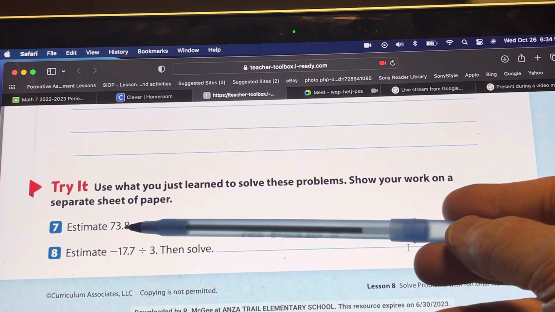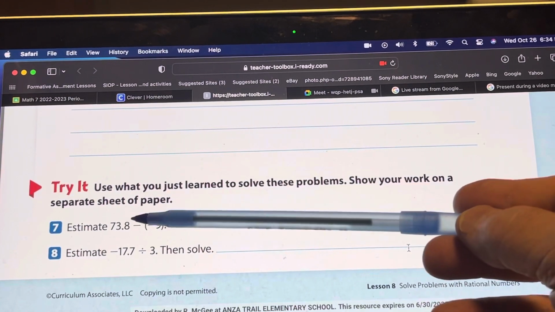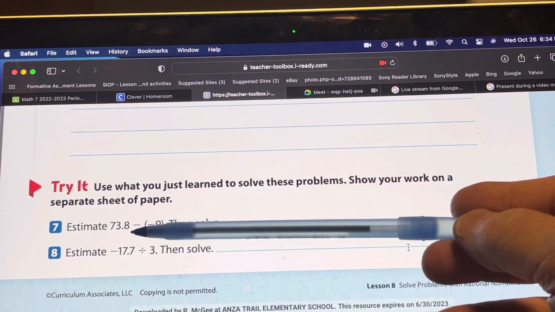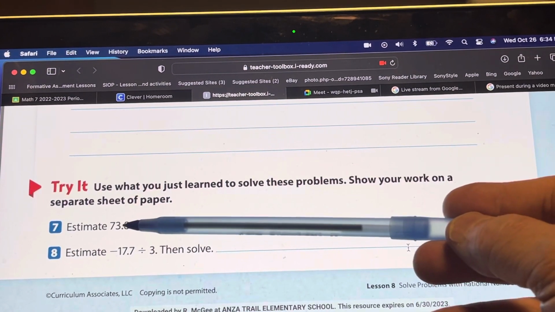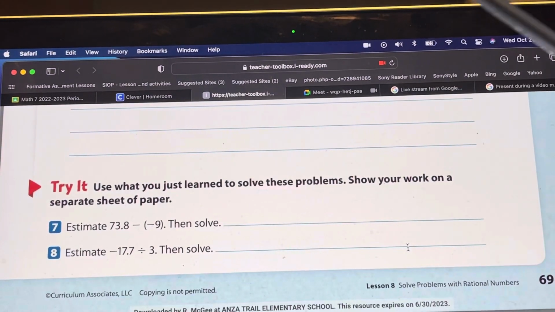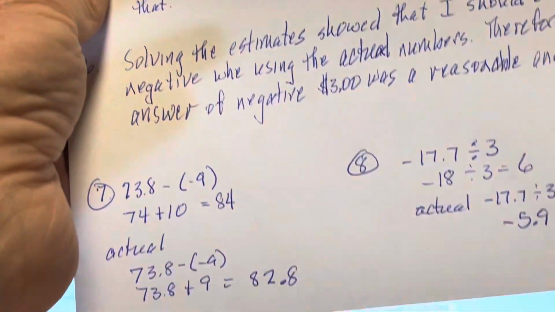You could actually go to the nearest 5 and do 75, or you can go to the nearest dollar and do 10. But either way, it's going to be keep, change, which means we're going to be adding that 10, not subtracting it. So 74 plus 10 is 84.